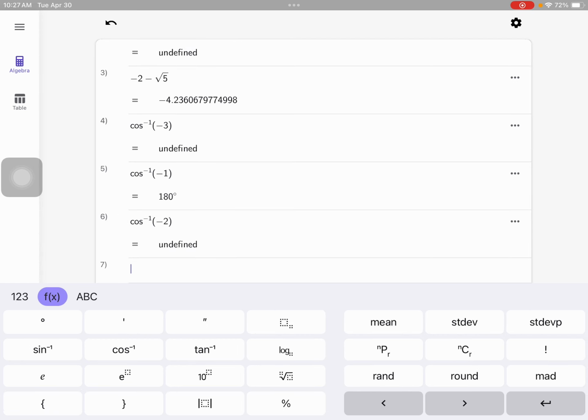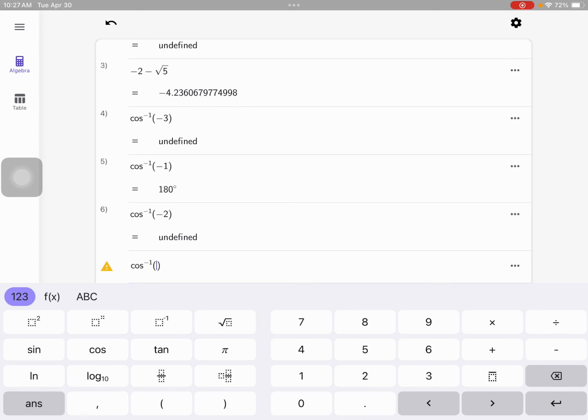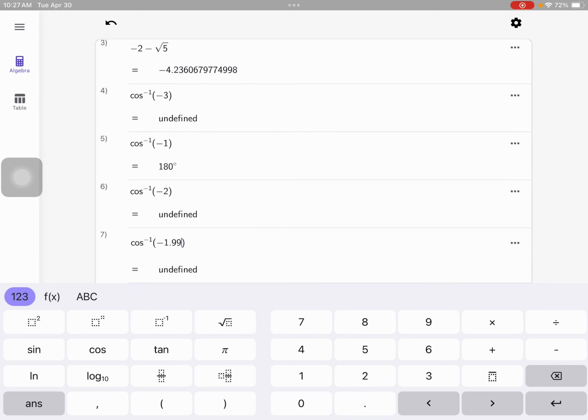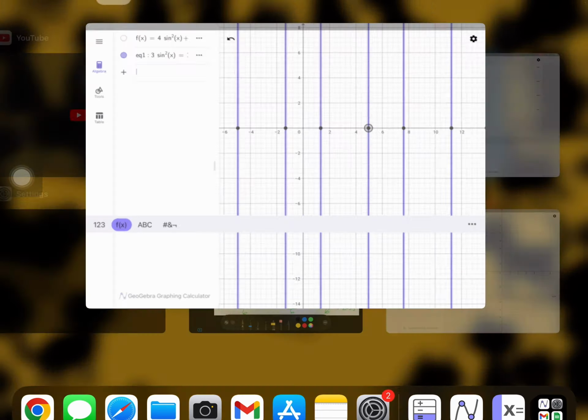Undefined. Well, let's try just less than negative 2. Negative 1.99. Still undefined. About negative 1.5. Still undefined. And so it's only going up to 180 degrees. And anything beyond that is not going to be defined. So let's take that at face value.